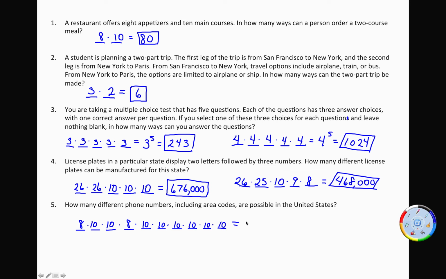So 8 times 8 is 64 with 1, 2, 3, 4, 5, 6, 7, 8 zeros. So 6,400,000,000 possible phone numbers available in the United States.